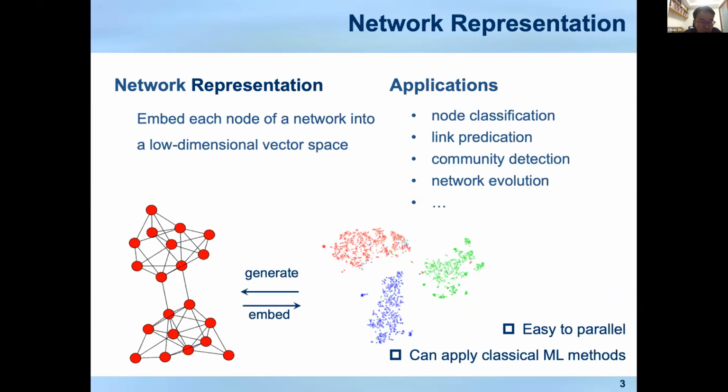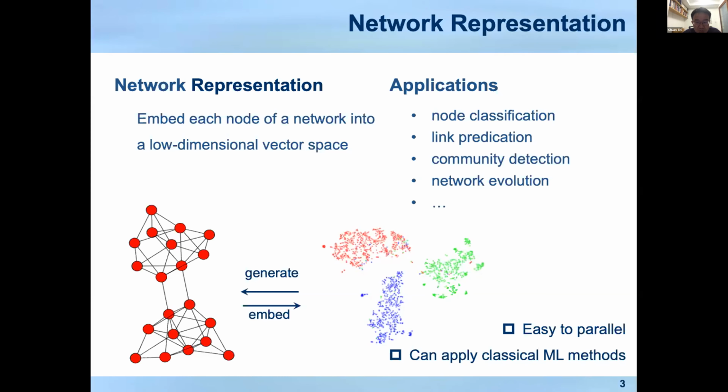Traditionally, we can represent the node structure with an adjacency matrix. However, the adjacency matrix is usually very huge. So it motivates us to embed the nodes of a network into a low-dimensional vector space, which preserves the graph structure and properties.